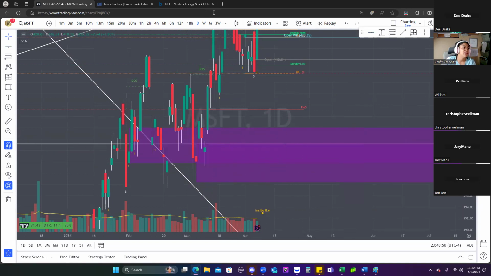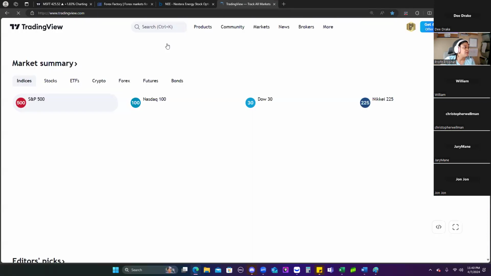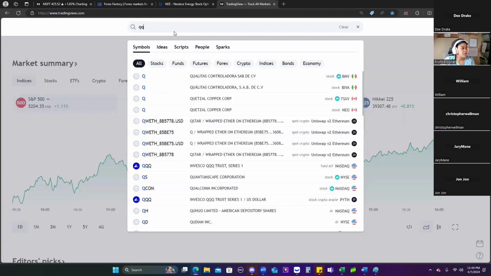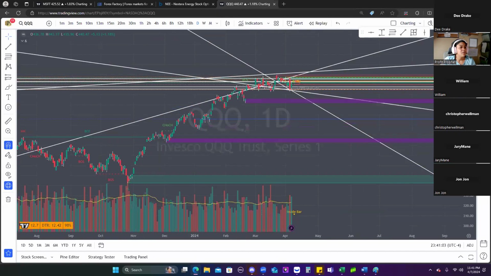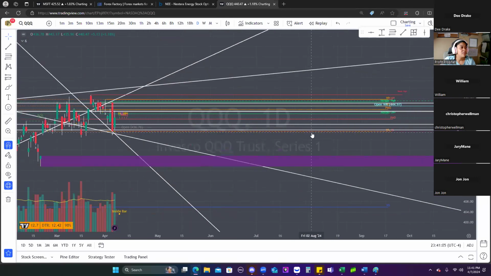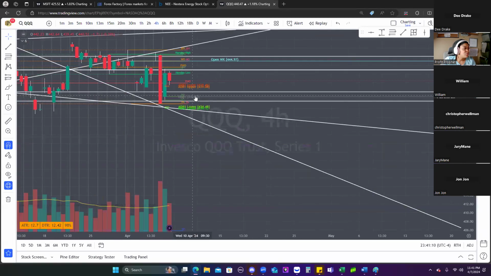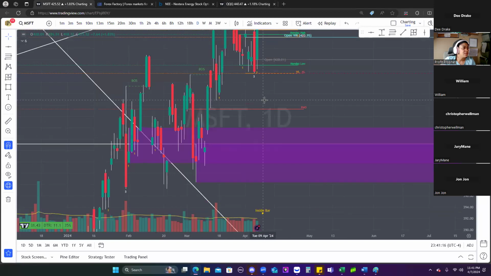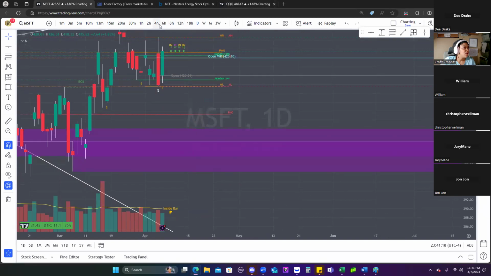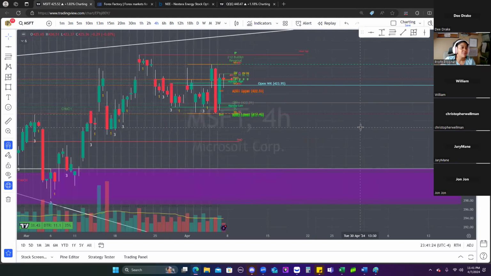And if we're going back and looking at QQQ as well, coming off of that bear block, 4 hour here, Microsoft isn't giving me any kind of bearish vibes.